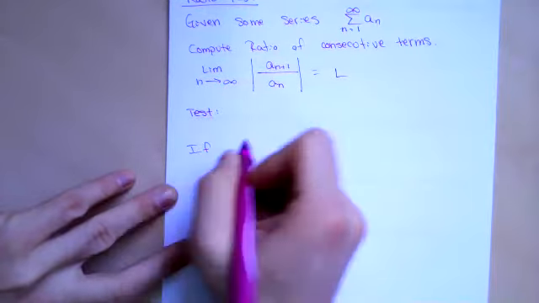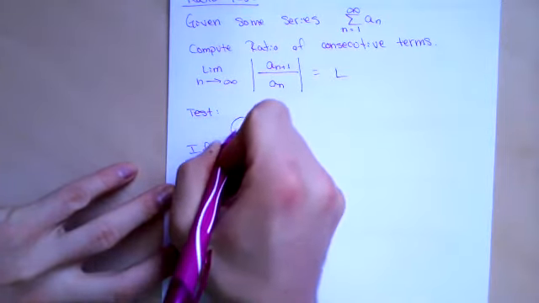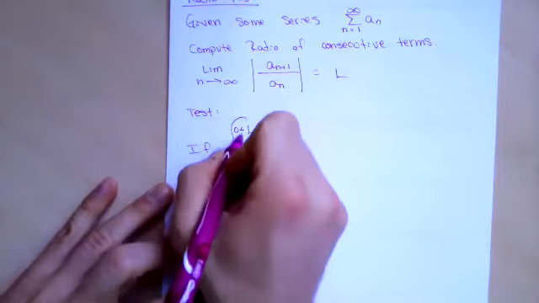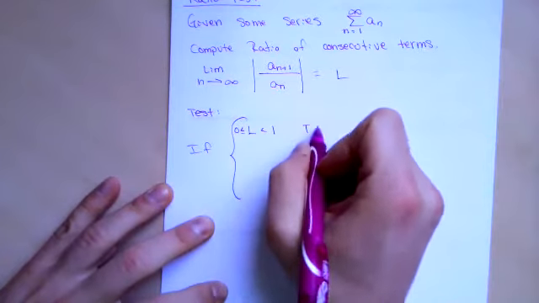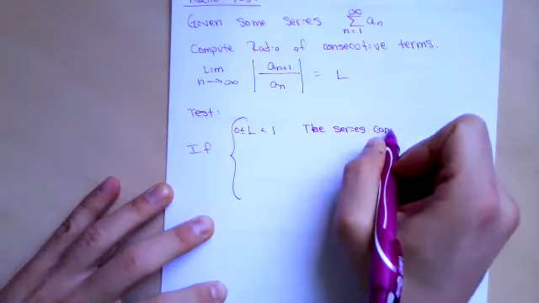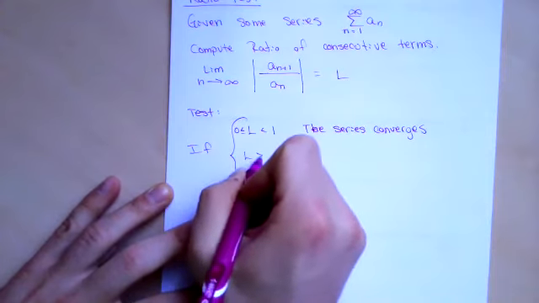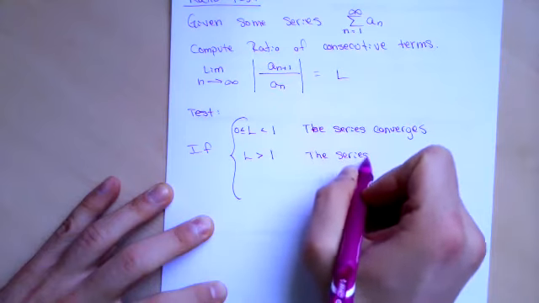Here's our rule. So L is always positive. Actually, 0 is fine. If it's less than 1, the series converges. If it's bigger than 1, the series diverges.